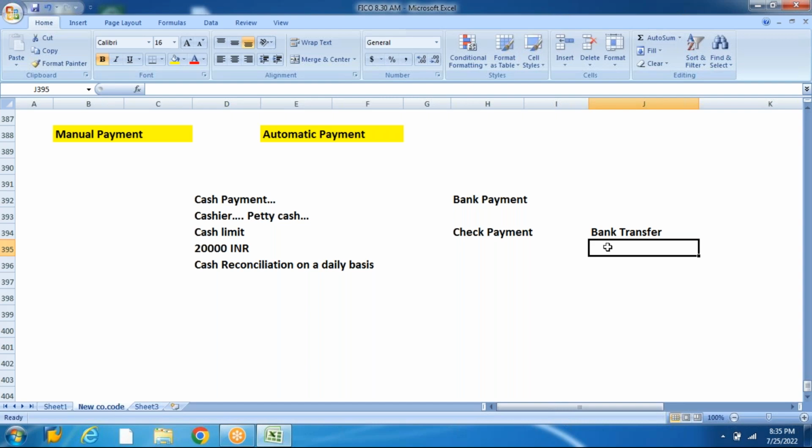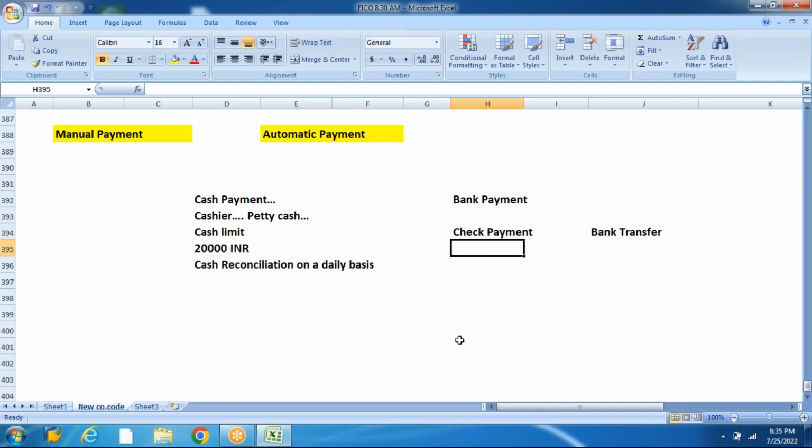These are funds that we are transferring to a third party, maybe your supplier or anybody. So there will be strict protocols, rules and checkpoints that must be in place for any company.